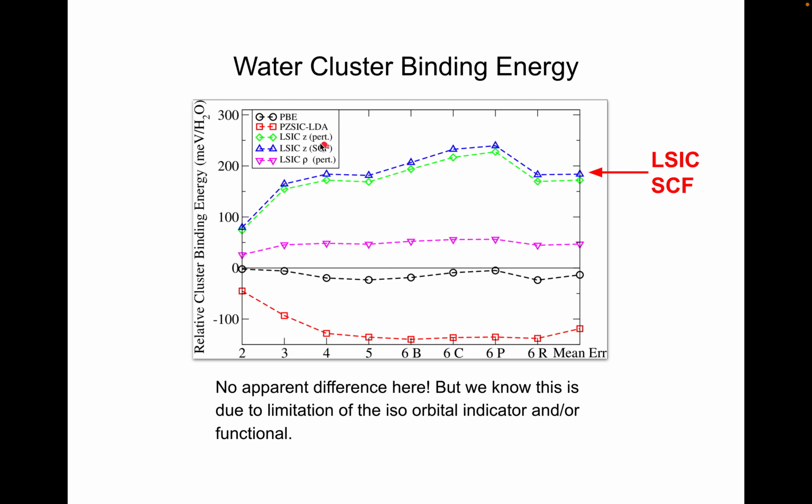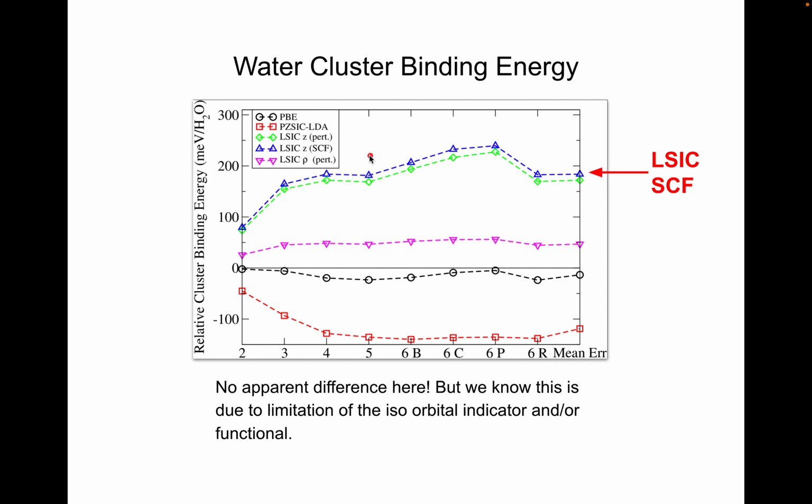When we apply the full SCF, the performance remained very similar. No significant change was seen for this case. So there's no apparent difference from the one-shot to the full SCF using the LSIC with z.